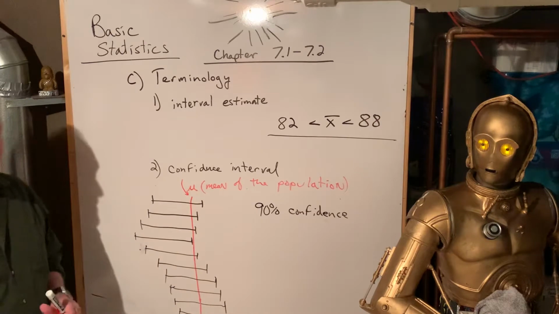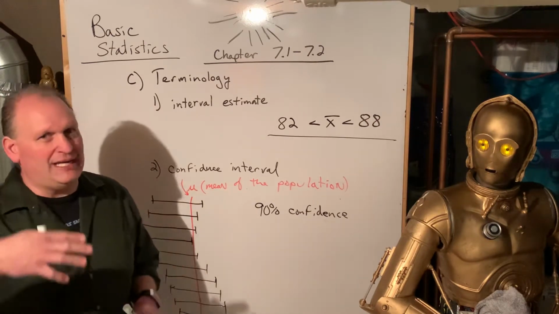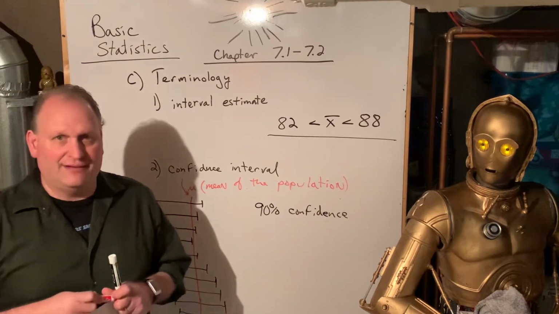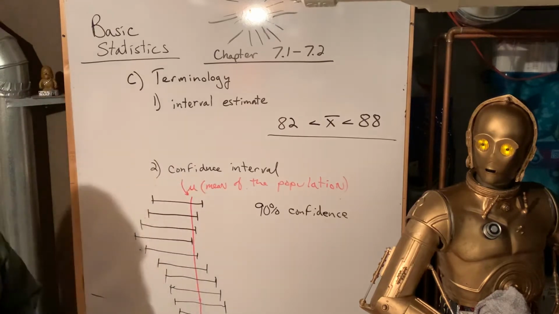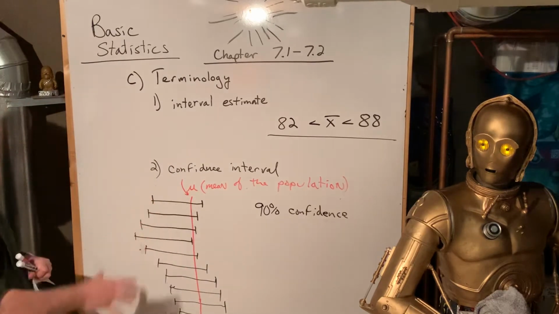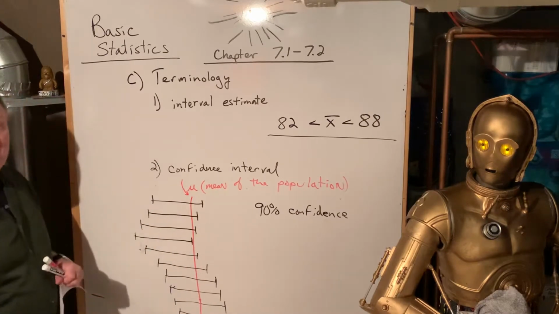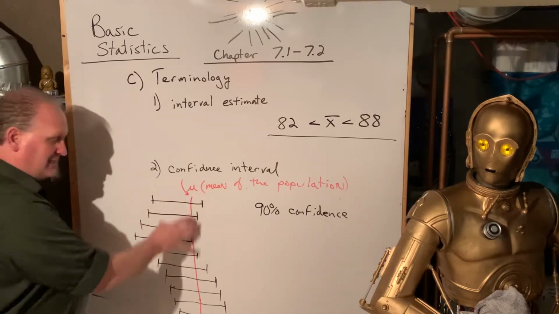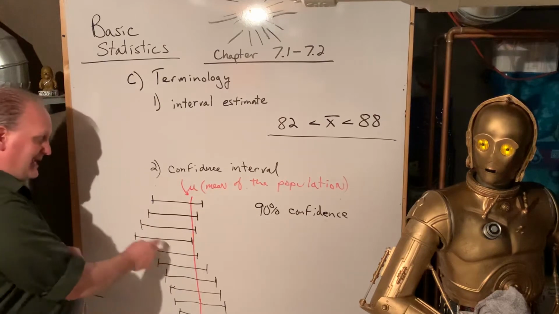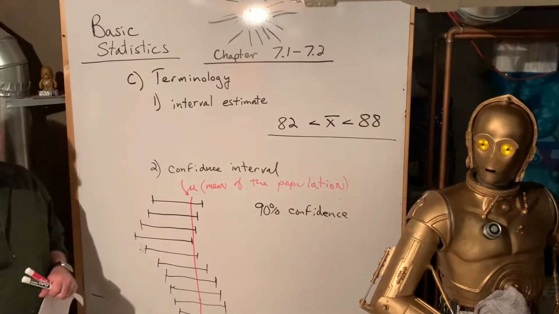And so you've got to be careful when you say, oh, we're 90% sure. No, you're not 90% sure. That just means if I did this process many times, 9 out of 10 times, I would capture the mean. So it's likely it's one of these other intervals, but it's not impossible that it's that one. All right?